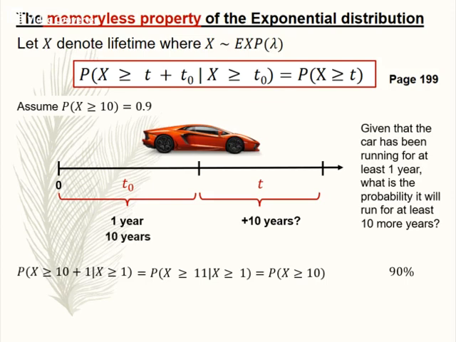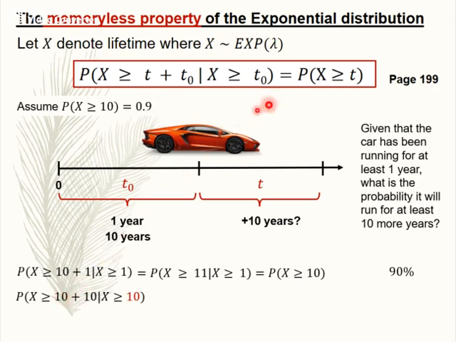All right, let's try another example. What if I have been driving my Lambo for 10 years? What's the probability of it surviving another 10 years? We're going to follow the same procedure. I've changed t0 and we're keeping t the same. All that changes now is where we have our t0. That's your t0, and this is just my t. It remains the same.